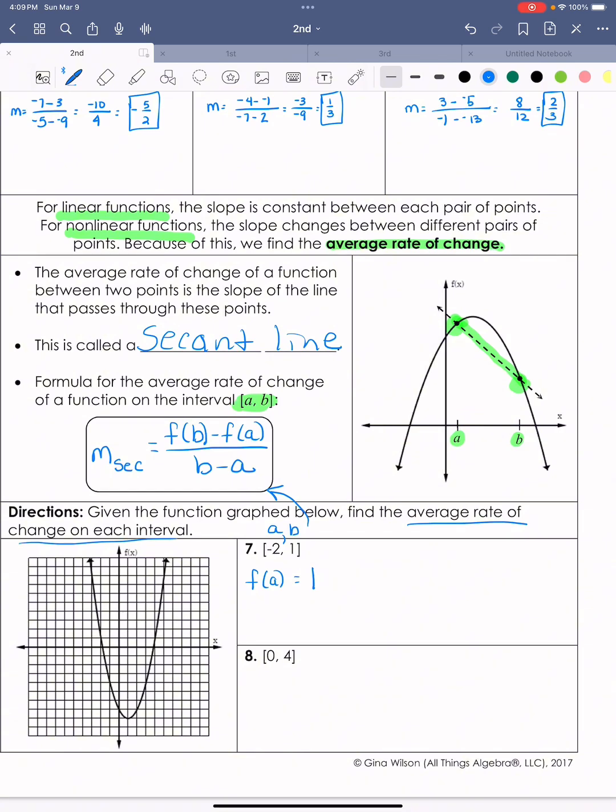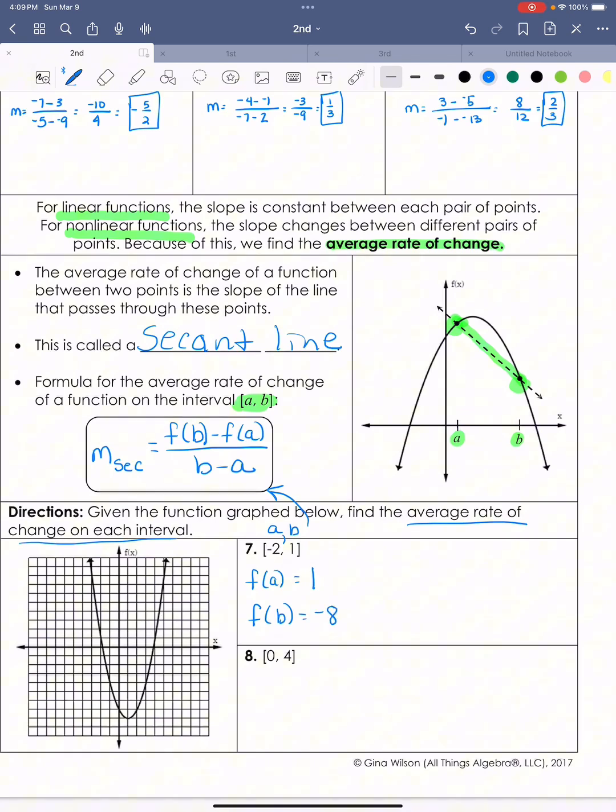Next I need to find f of b. Same thing. If my b is 1, I'm going to go to the 1 on the x-axis, and then find the point of intersection, and it is all the way down here at 1, 2, 3, 4, 5, 6, 7, 8, at negative 8. So f of b is negative 8.